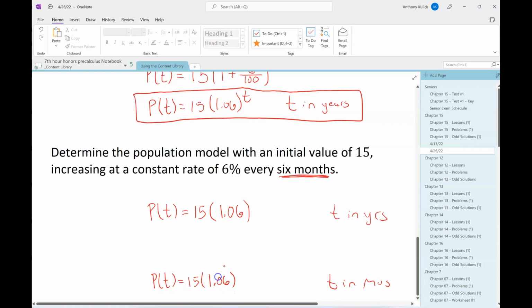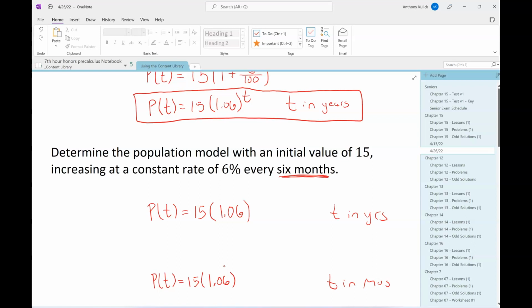Now, I can't just write to the t here because the units aren't matching up correctly, right? Because the rate of change happens every 6 months. So my question for you would be, okay, if we're writing this function where t is in years, how many rates of change do I have inside of 1 year? 2.